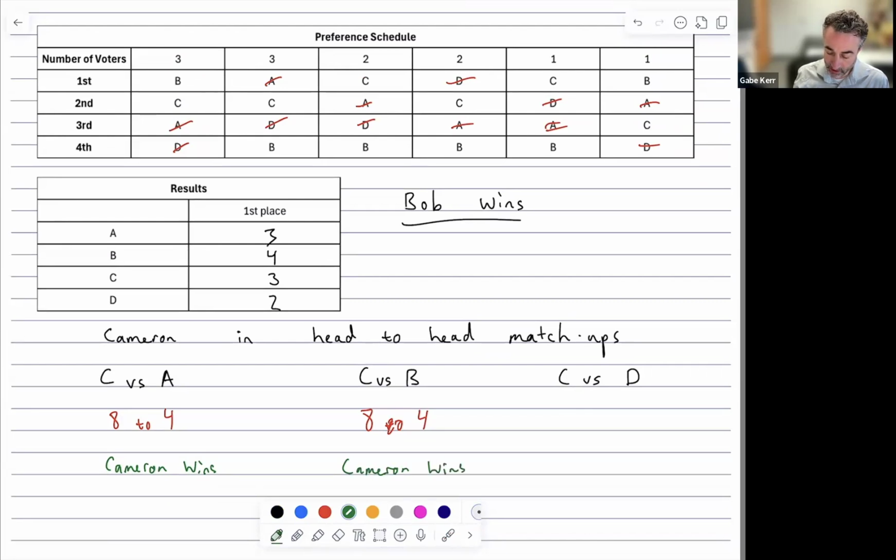All right, well, let's take a look at one last example, Cameron versus David. And you might imagine that this is going to be sort of no contest. I hope. We'll see. So Cameron versus David, both Bob and Amanda are not relevant to that matchup, so I'll get rid of them.